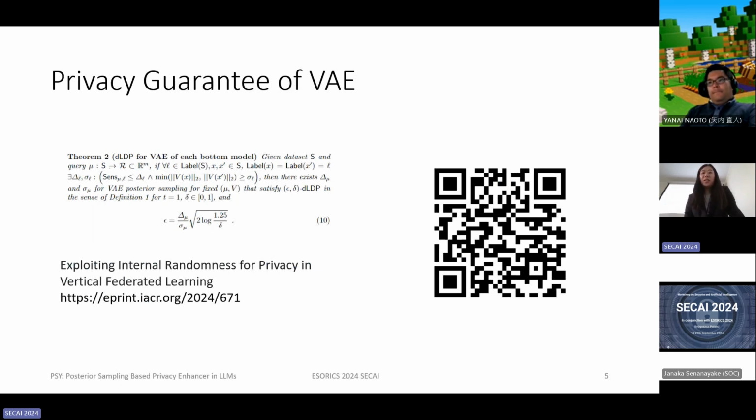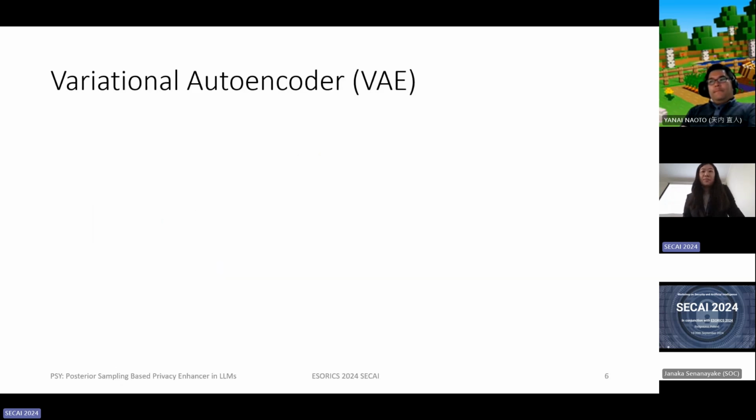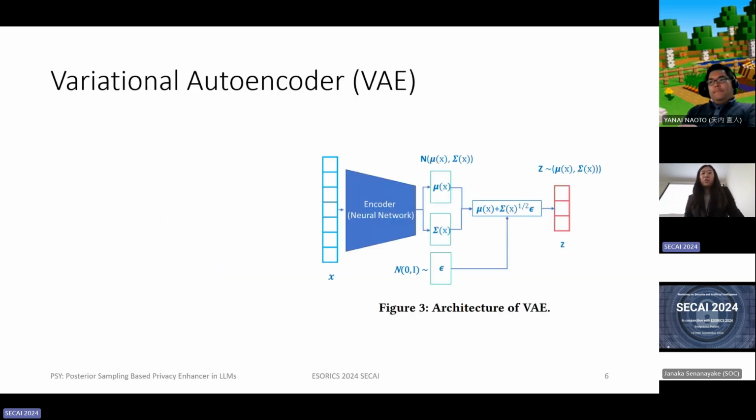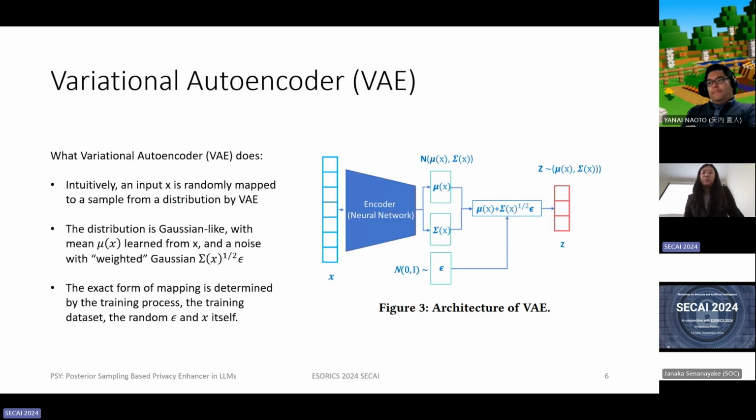So what is a VAE? The image shows the architecture of the VAE. How does the VAE work? Intuitively, an input X is randomly mapped to a sample from a distribution by the VAE.